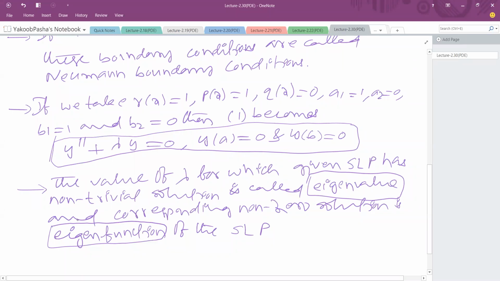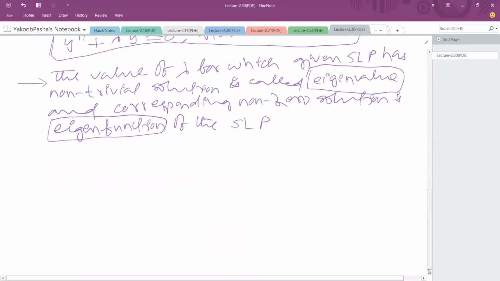Now you have to remember that we need to find a non-zero or non-trivial solution of the SLP. Now some properties of the SLP. All the eigenvalues of the Sturm-Liouville problem are real numbers.